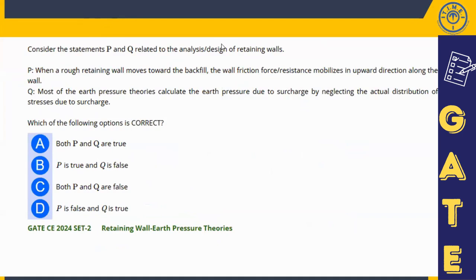We have two statements, statement P and Q. Both are related to analysis or design of retaining wall. P states: when a rough retaining wall moves towards the backfill, wall friction or resistance mobilizes in upward direction along the wall.